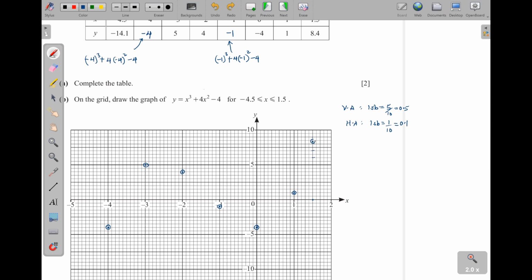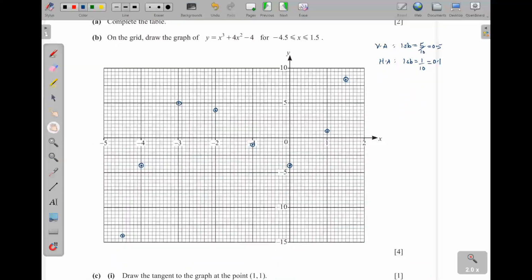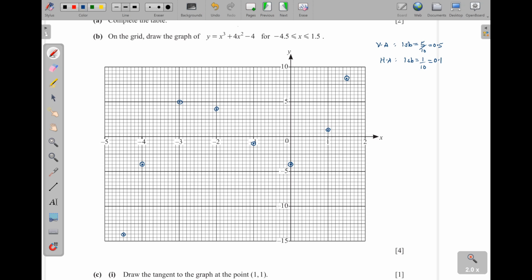Something like that. Those are our points. Now we are supposed to join them to form a curve. Begin from down here, join this one to this, then also join this one to this one here.